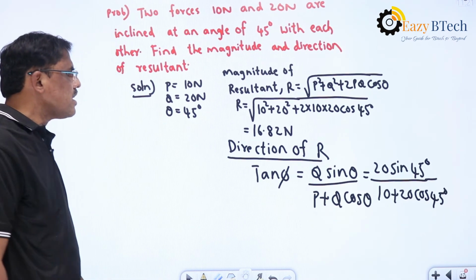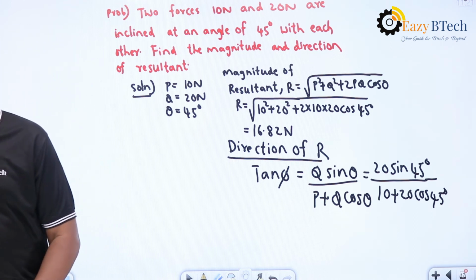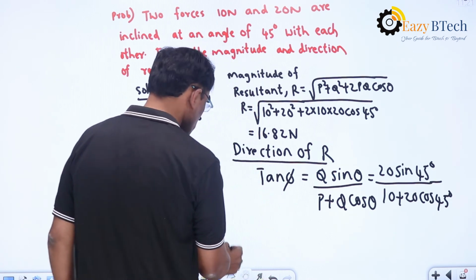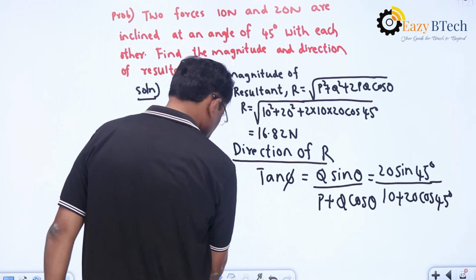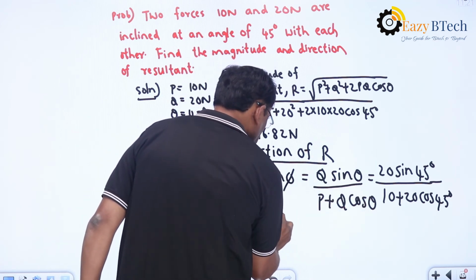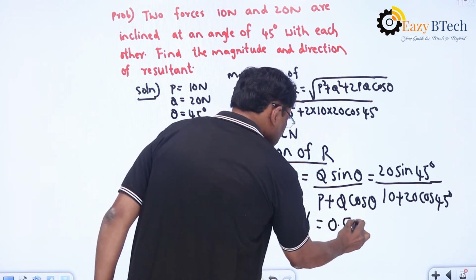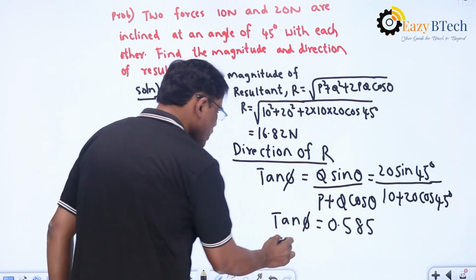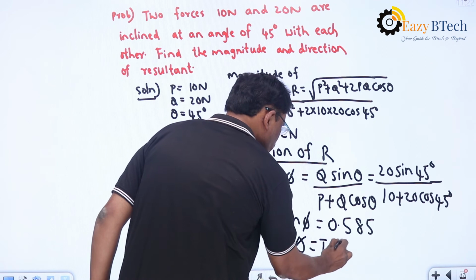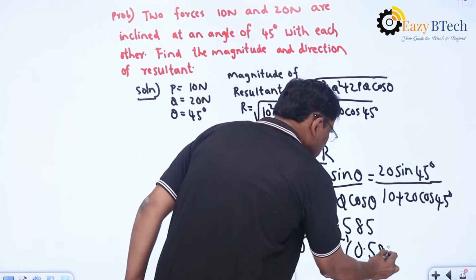So when you do this, the direction of resultant, the tan phi value is equal to 0.585 and phi is equal to tan inverse 0.585.